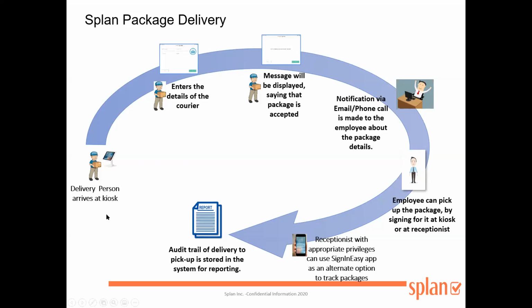Okay. So Splan package delivery, as we demoed this, is basically the delivery person at the kiosk. They can enter in the information, or it could be the lobby ambassador. The person gets notification, as you see, they're happy, and then the employee picks up the package, and the receptionist can even do this from an iPad or a phone using the Sign In Easy app, and there is an audit trail.